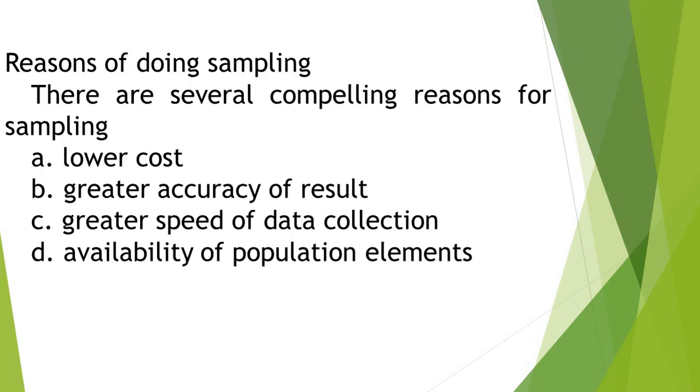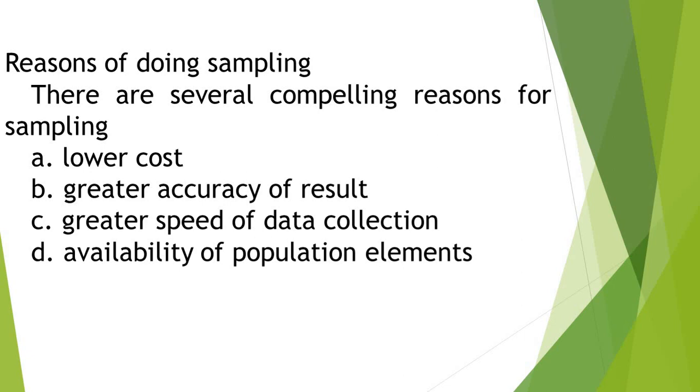So what are the reasons why we need to do sampling? There are several compelling reasons for sampling. First, it is much cheaper, or lowers the cost of conducting the survey, since you have trimmed the population into the sample size.